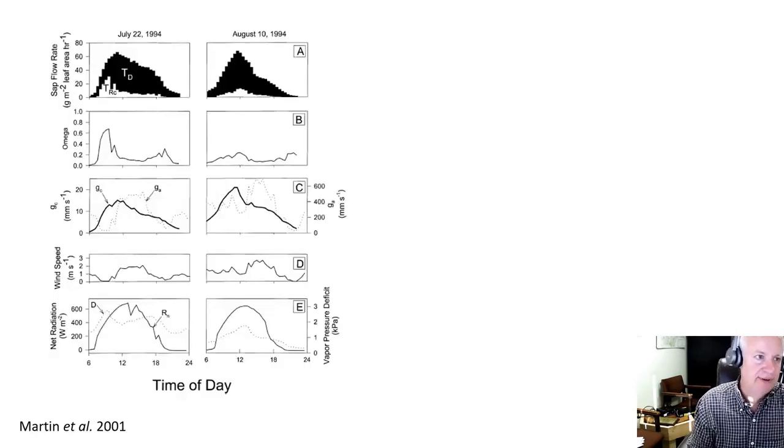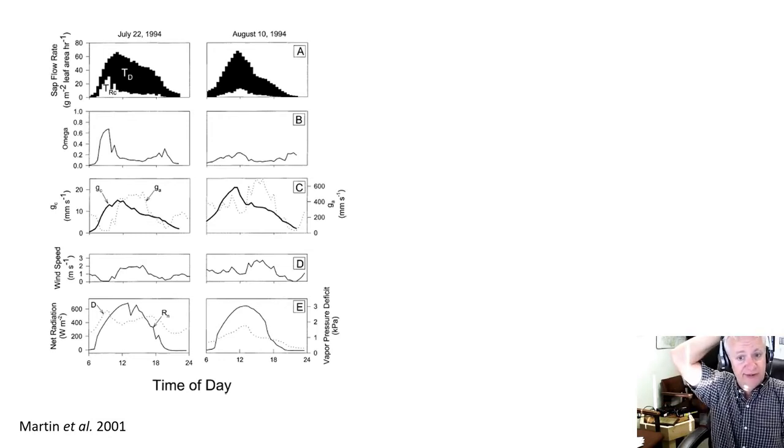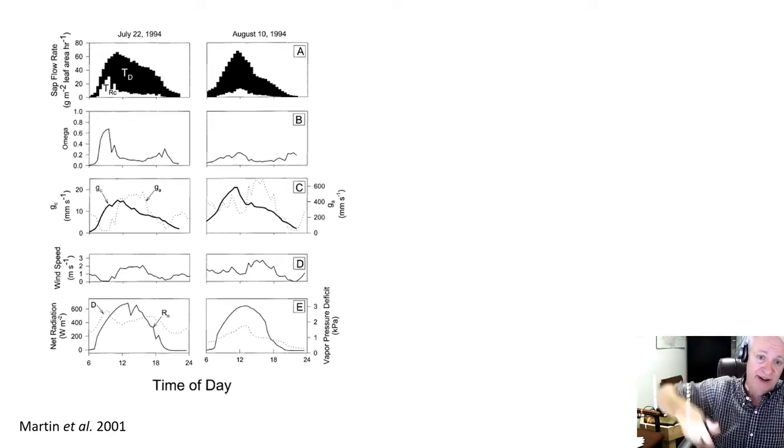Here's an example where omega can actually vary through time. This is in Pacific silver fir, a conifer canopy, and normally, again, we would expect conifers, because they have relatively low stomatal conductance and relatively high boundary layer conductance, to have relatively low values for omega.